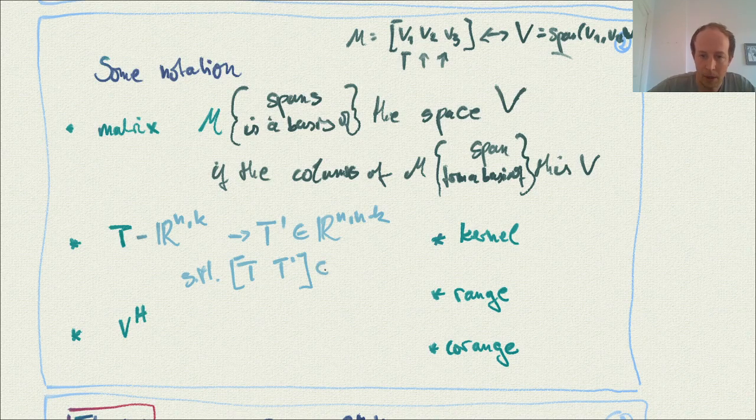And this in particular is an R to the n times n matrix, and this T dash should be such that this matrix is invertible.